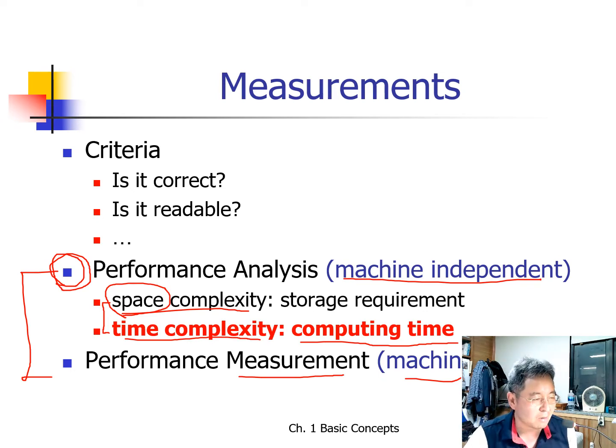But how about nowadays? Nowadays, nobody can wait, and memory price is very low, so we can increase memory as much as possible. But no customer will wait. So nowadays time is much more important than space.